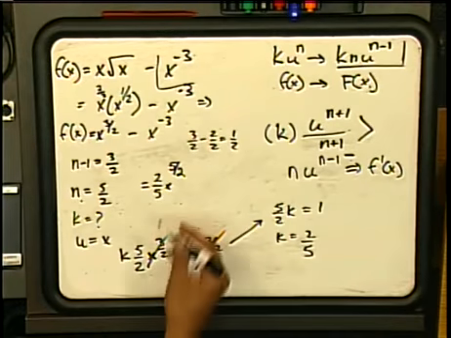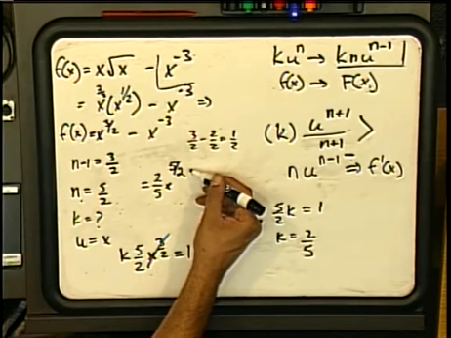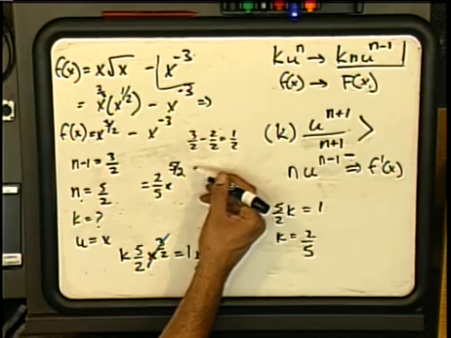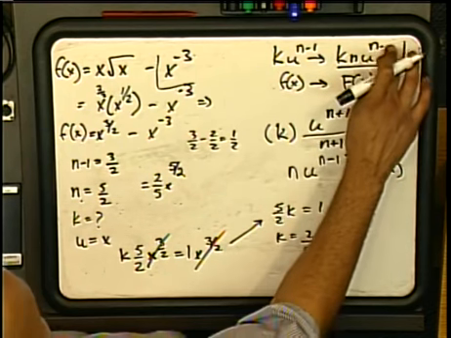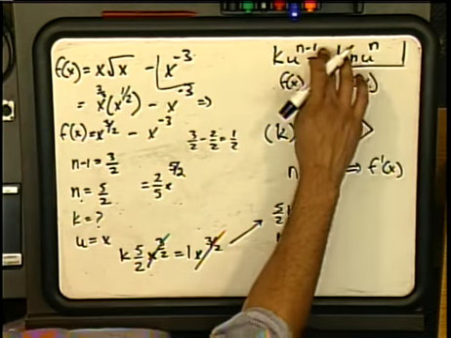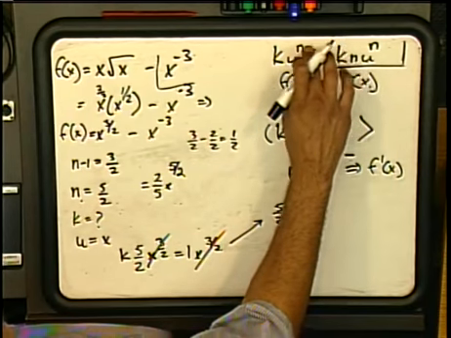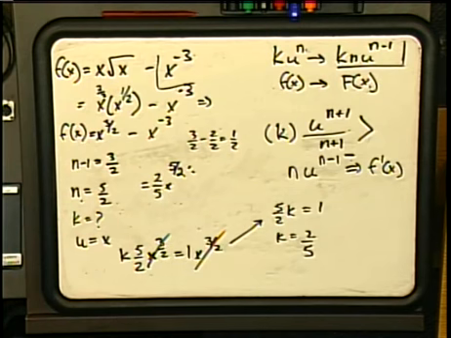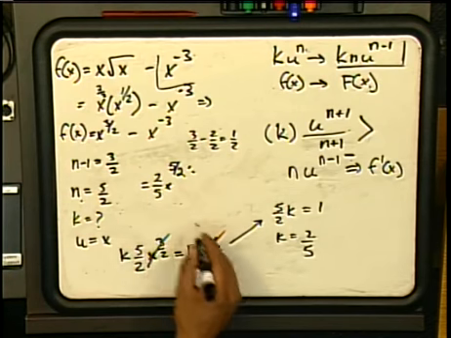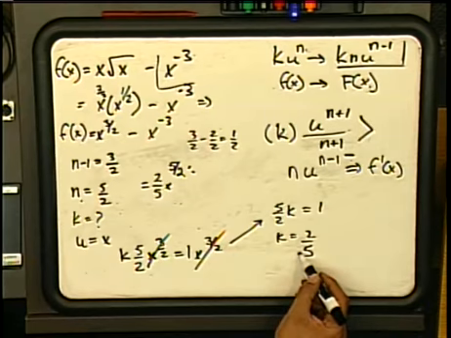Well, we haven't done that one yet. Okay. So n, I might have these backwards. That's not right though. Put n back here. So the 2/5 x to the 5/2 after you find your k.